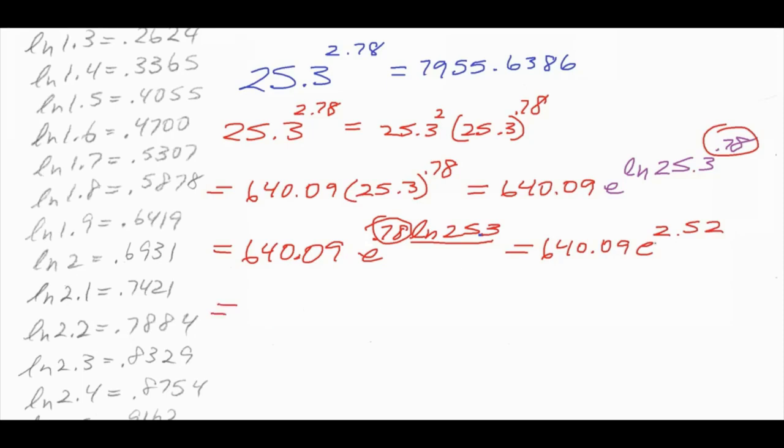Okay, well now we're going to do something similar as we did with the 25.3. We're going to bust it up using exponent properties. Let me just write it. We're going to have e to the 2 times e to the 0.52.